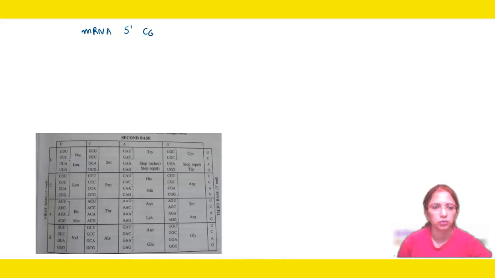So let's suppose this sequence is being given to you. And then we will see from the genetic code table how we have to move on. Fine, this is one sequence. Suppose it is being given to you. Of course, it is 5 prime to 3 prime.